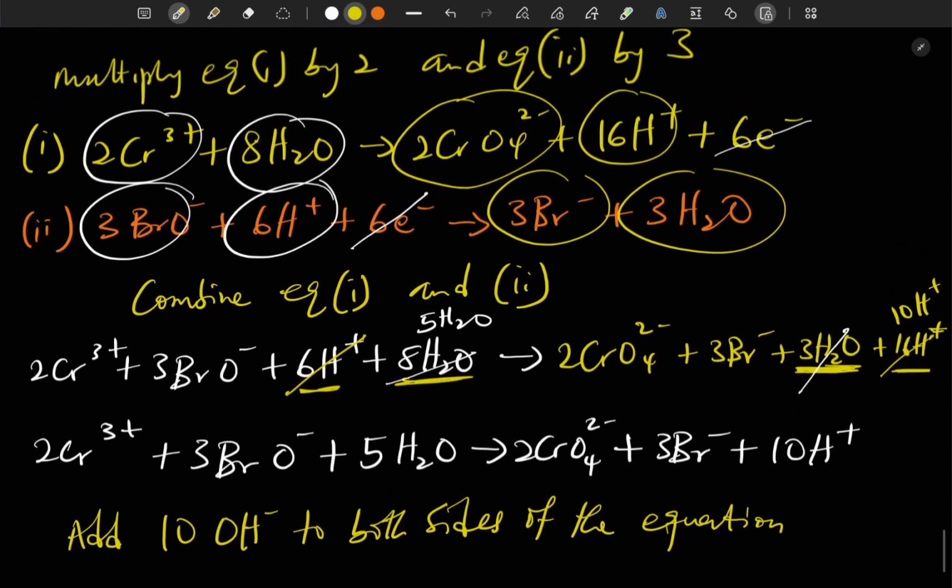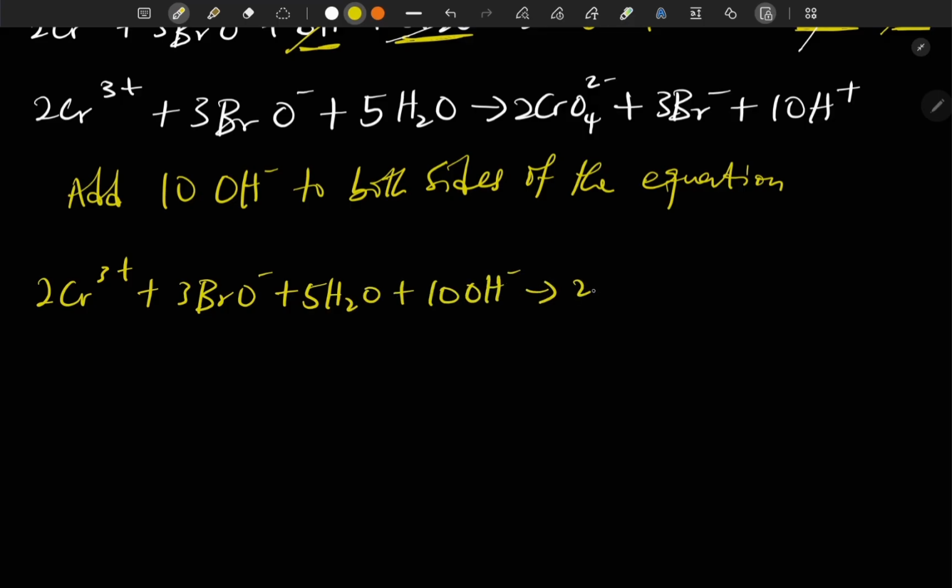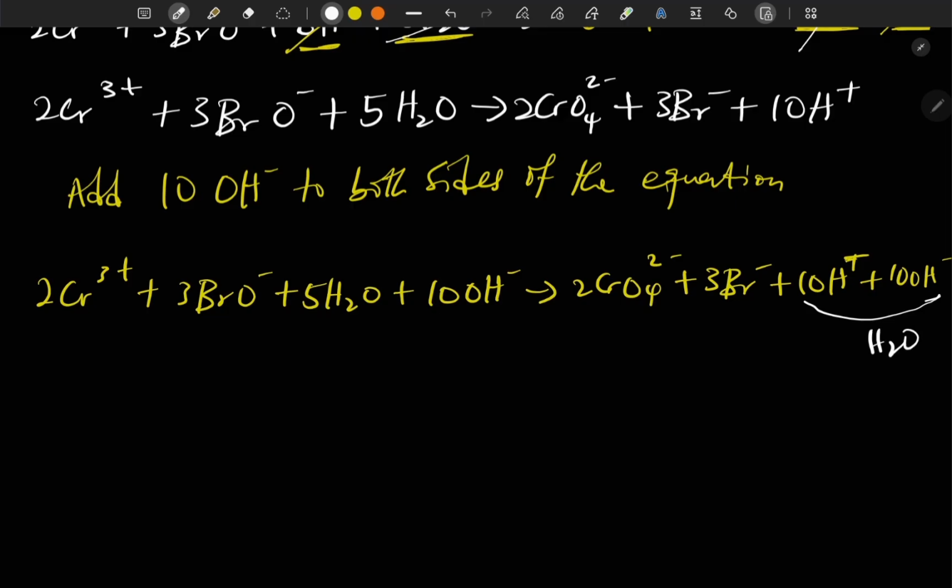So if we add 10 OH- to both sides of the equation, we are going to have 2Cr3+ + 3BrO- + 5H2O + 10 OH- gives 2CrO4 2- + 3Br- + 10H+ + 10 OH-. Now we know that hydrogen ion plus hydroxide ion will give us water.